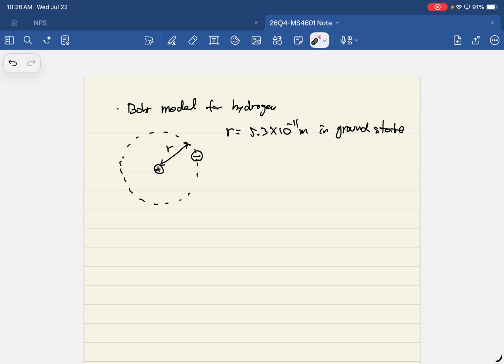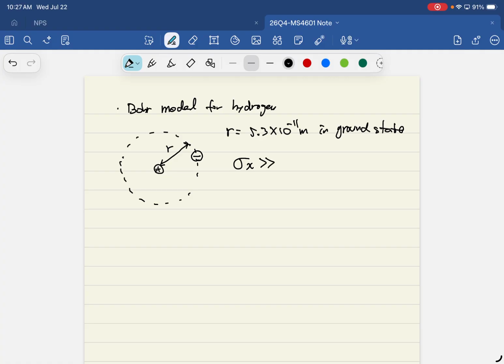But later on, when quantum mechanics was being developed and the Schrödinger equation was being solved, it turns out that sigma x, the standard deviation of the position, is much larger than this suggested Bohr radius. So what does it mean? Later on, we will probably come back to this.